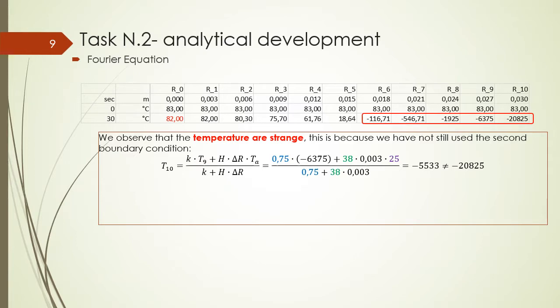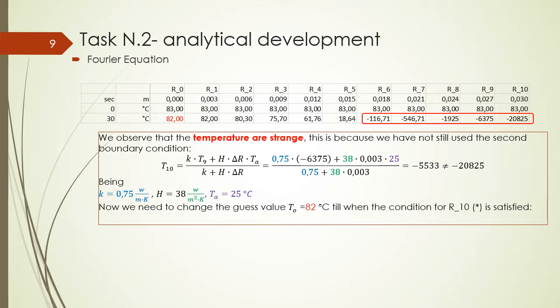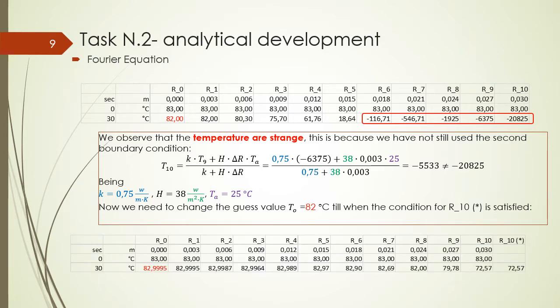If we use the boundary condition for T10, we get for it a value which is minus 5,533, different from minus 20,825 displayed above. It means that we need to change the guess value, 82 degrees, till when the condition for a temperature at radius 10 is satisfied.